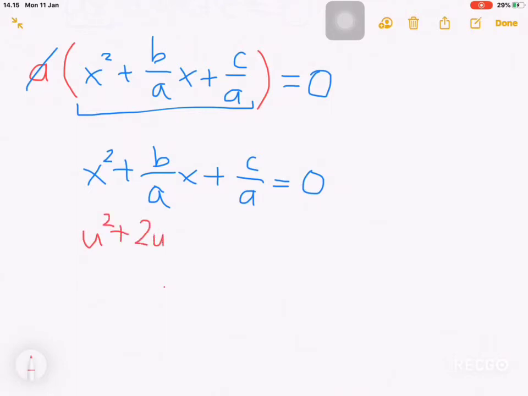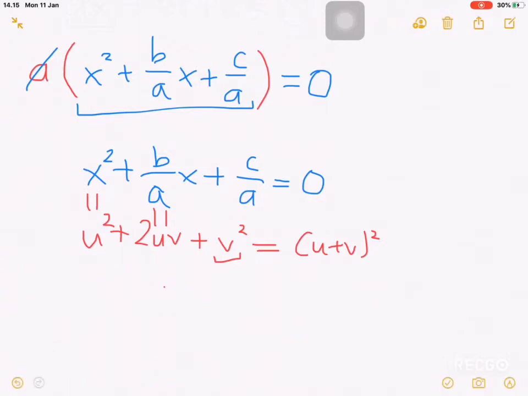So we're just going to write u squared plus 2uv plus v squared is equal to, like so. And next we're going to set these two terms equal to each other. So x squared equals u squared, and b over a times x equals 2uv. And we're going to find what v squared is supposed to be, and then we can add something to this equation to make it factorable as a perfect square, like so.